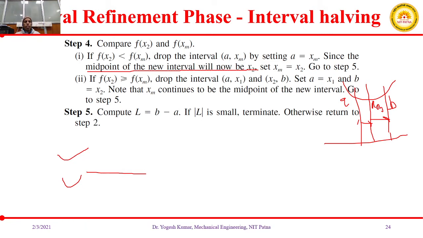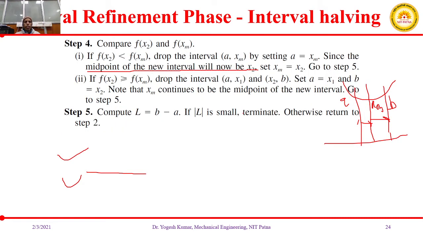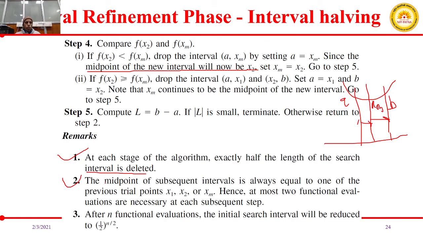Either this will be x1 or this will be x2. Previously in step 3 it was x1, and in step 4 it is x2. Okay, so the midpoint in any subsequent interval is always equal to one of the trial points, either x1, x2, or xm.